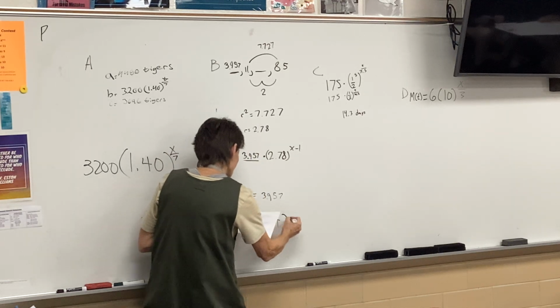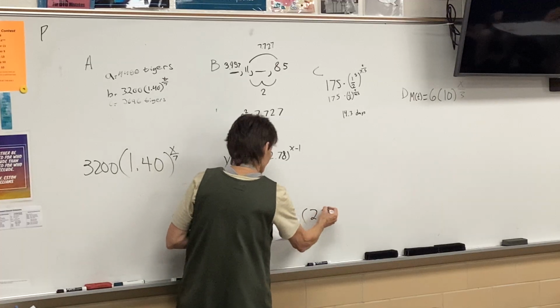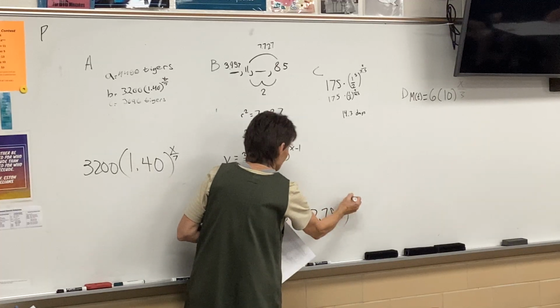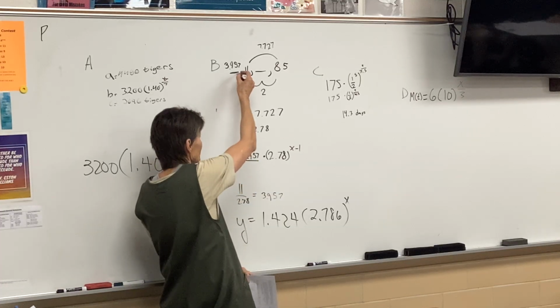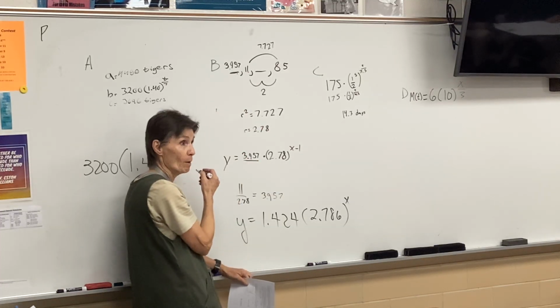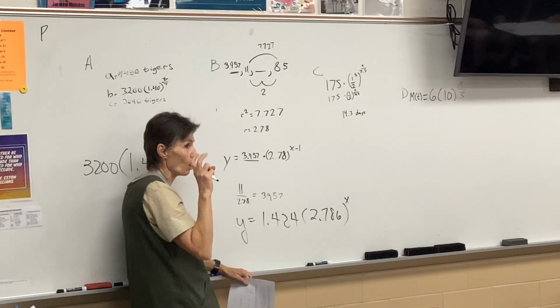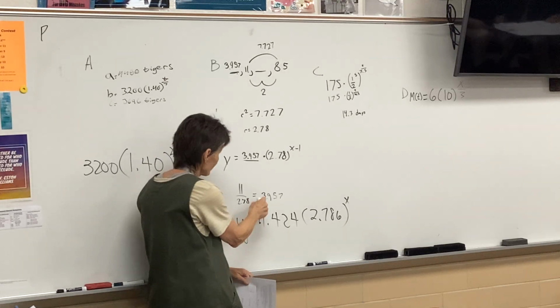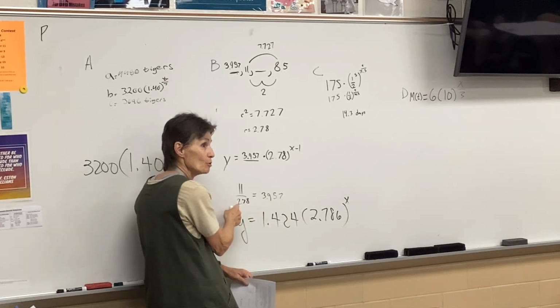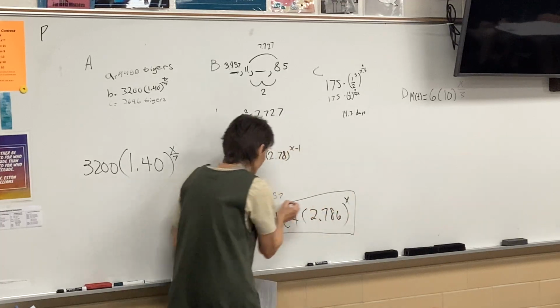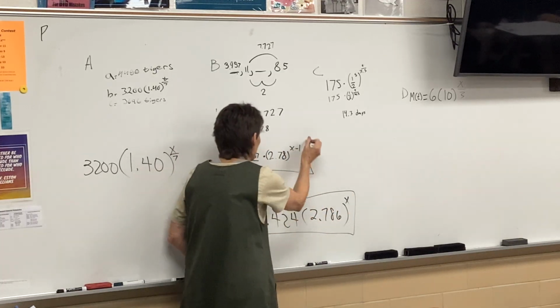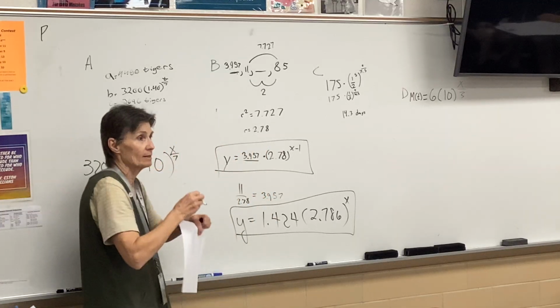Mine looks like this, to the X. So I had to back up one door to get the zeroth term. So 3.9 divided by 2.78 gives me that number. So this is what my calculator says. This is what Charlie said, and he was right. Either one is right.